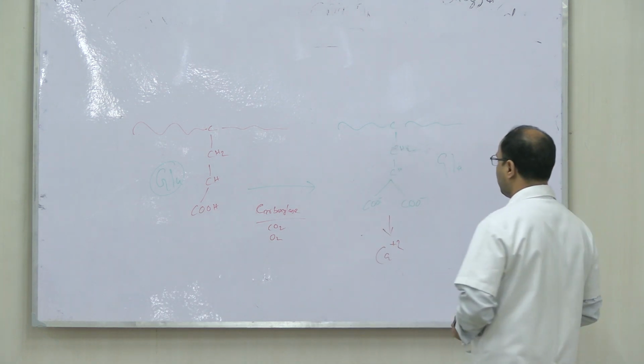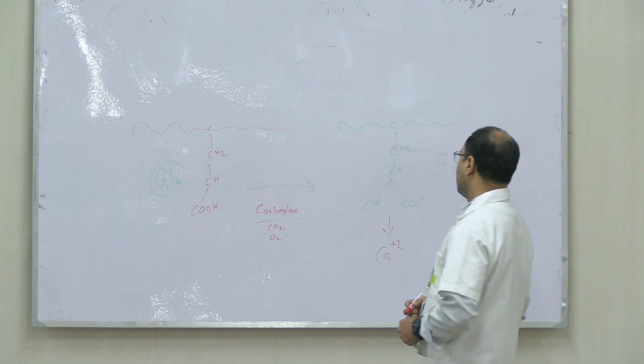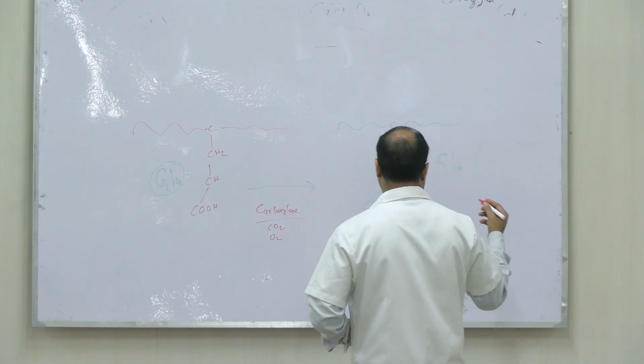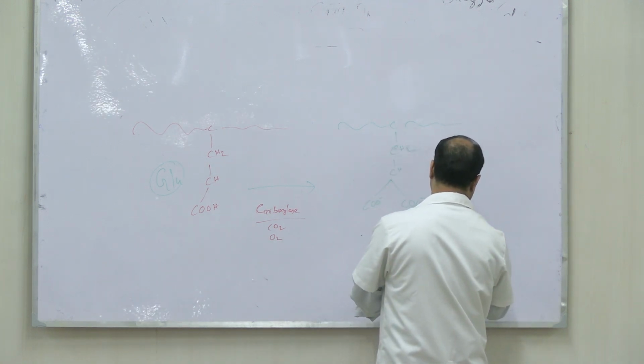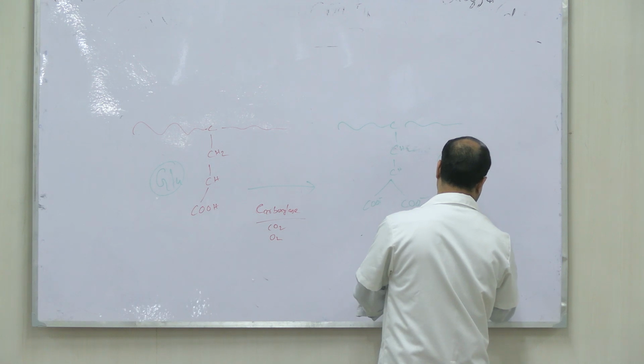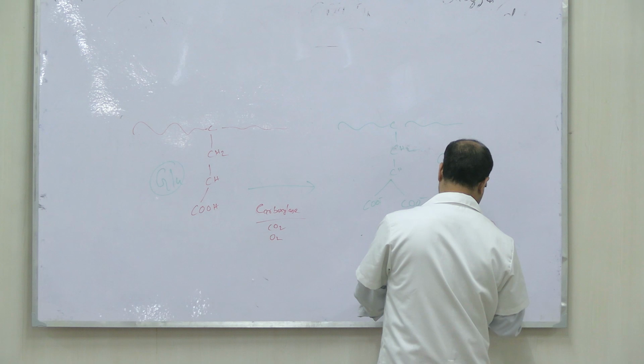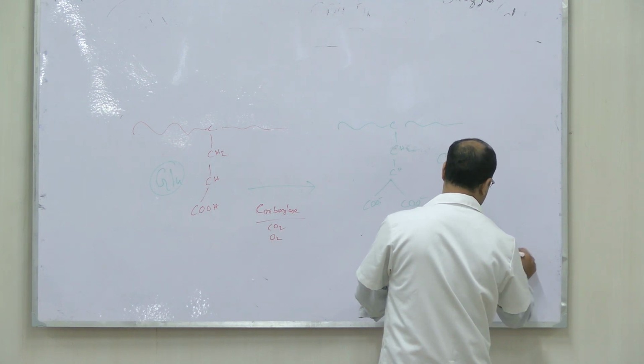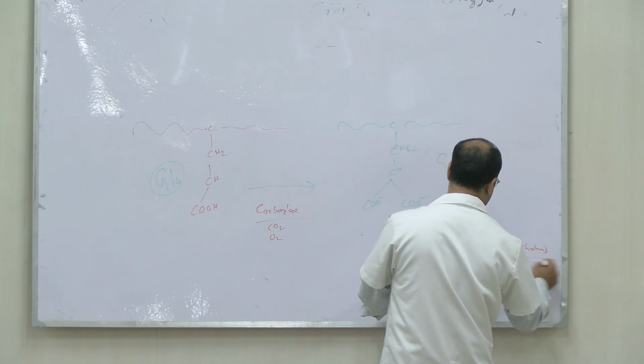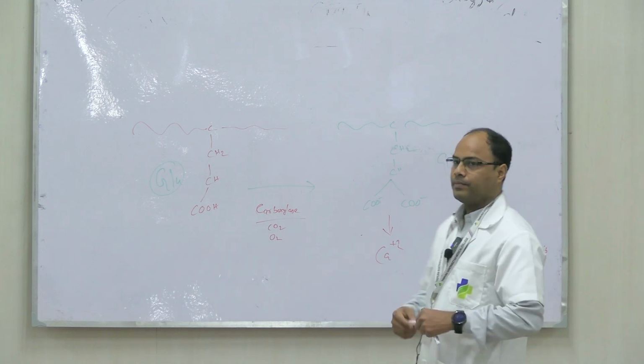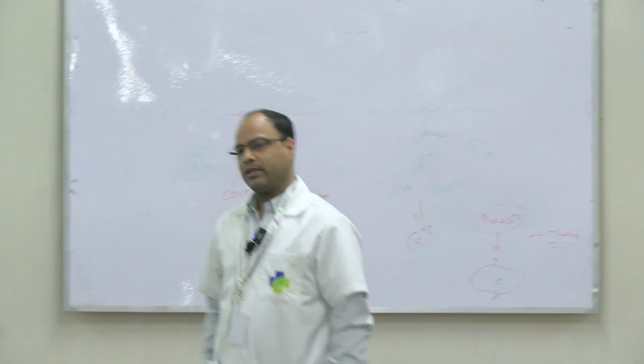In this way, prothrombin, with calcium ion, attaches to the phospholipid of the platelet membrane and forms thrombin. In this way they get activated.